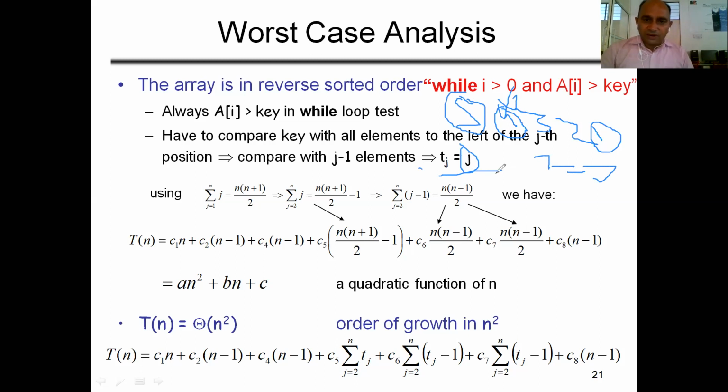So the value of tj will be j. So if tj is j, then the sum of tj, that is the sum of j, is equal to 1 plus 2 plus 3, and so on. We can calculate the value of this, and after solving, the equation will come out in this form, and we can represent this case by theta. Thank you so much. We are stopping here.